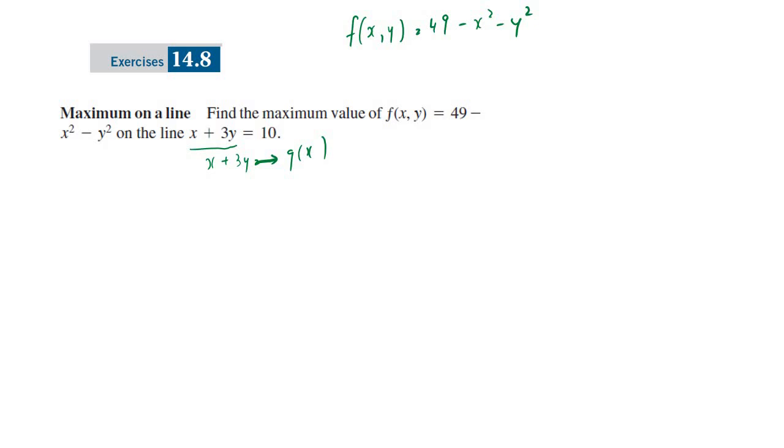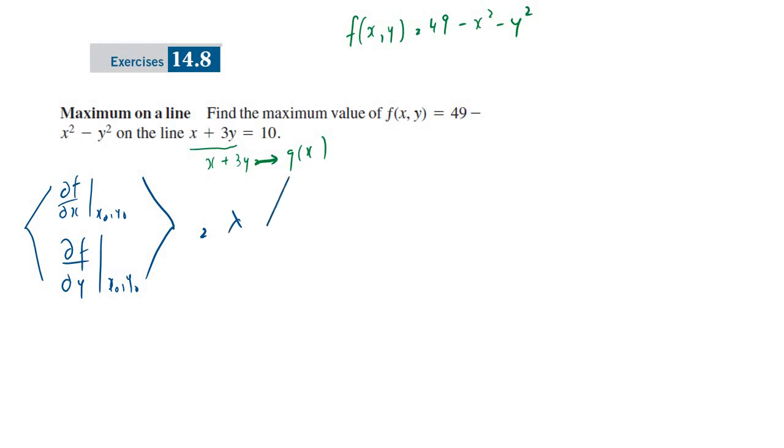So from Lagrange we know that the gradient vector, which is the partial derivative of f with respect to x at the critical point x0, y0, and the partial derivative of f with respect to y at x0, y0, is equal to lambda times the partial derivative of g with respect to x at x0, y0, and the partial derivative of g with respect to y at x0, y0.